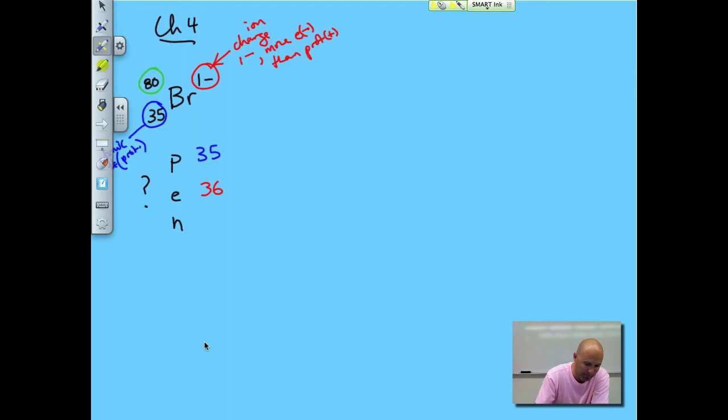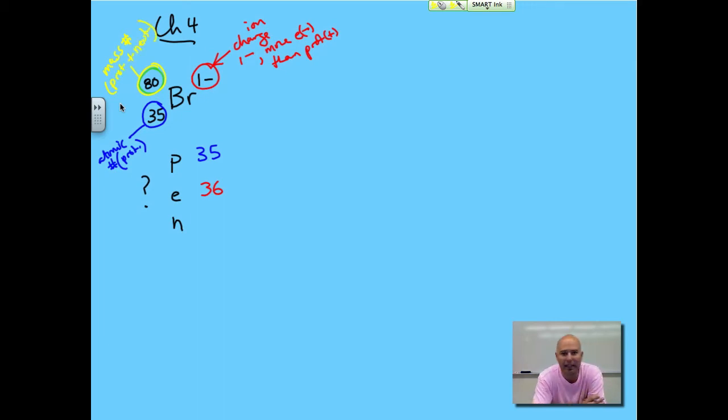So 80 right here is the mass number, and the mass number is the protons and neutrons added up together. So if you have 80 and you know you have 35 protons, since it's protons and neutrons added up, we would have 45 neutrons in this example. Okay, so there's one example.